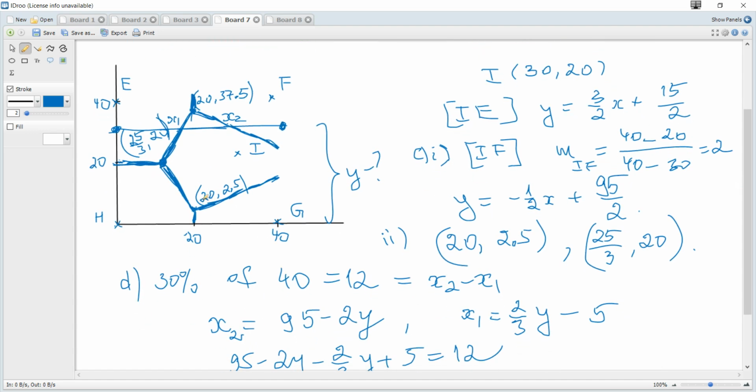And again, due to symmetry, if we consider this vertex, there will be the same distances to the nearest towns.